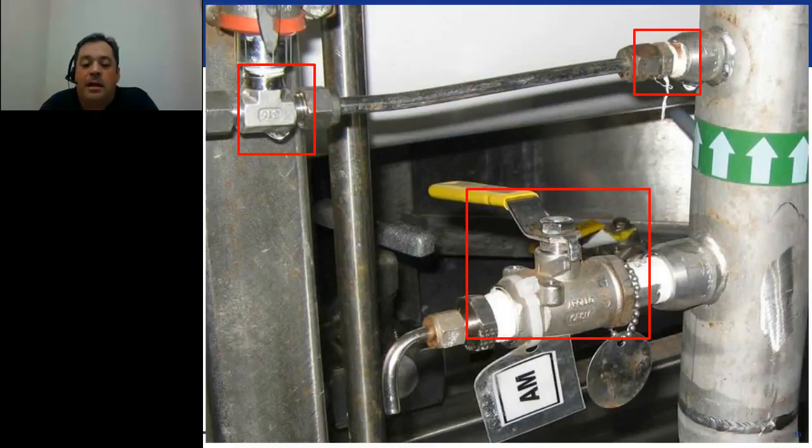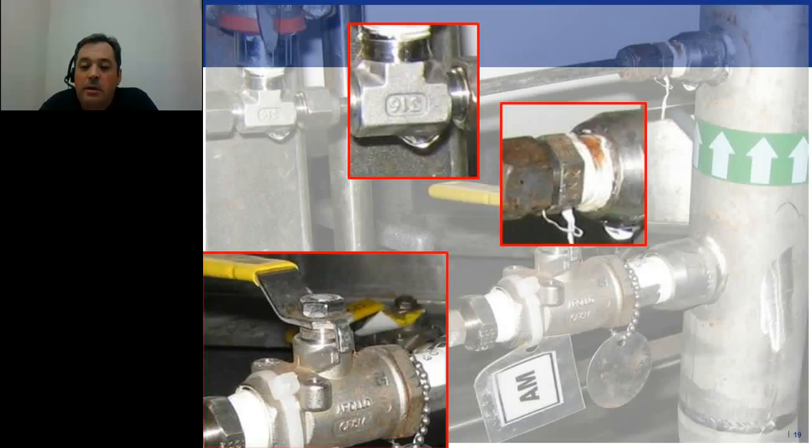There's a number of things. You've already picked up on a lot of those: threaded connections, potential dead legs, ball valves. There's also what you might see in here. In addition to the threads, there's leaks. There's actually dripping taking place. So yes, there's a lot of things going on here that you really want to fix if you're concerned about your bioburden control.